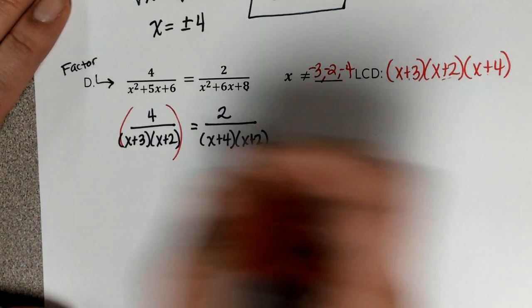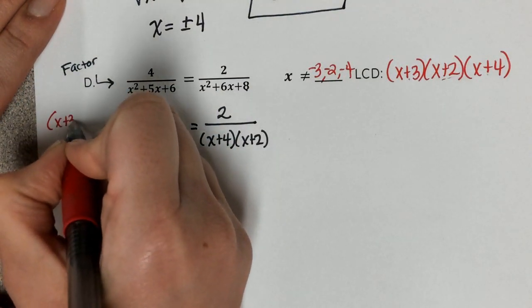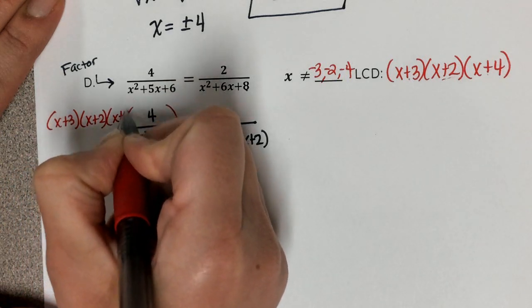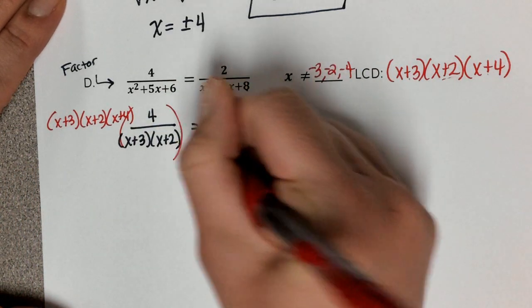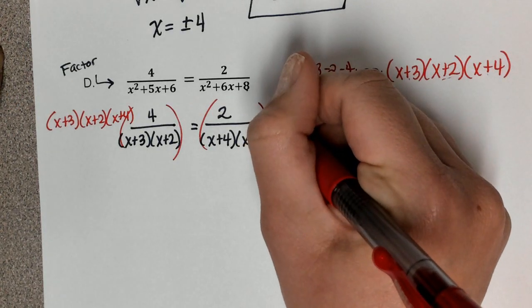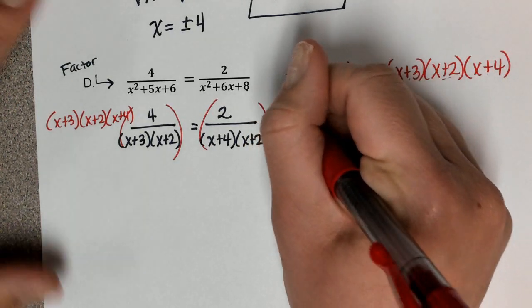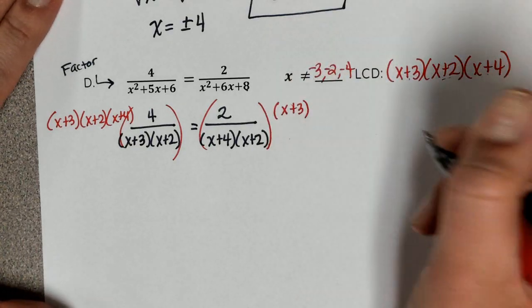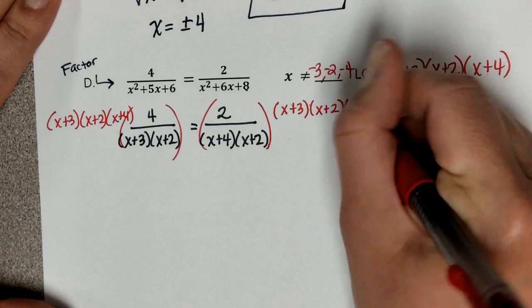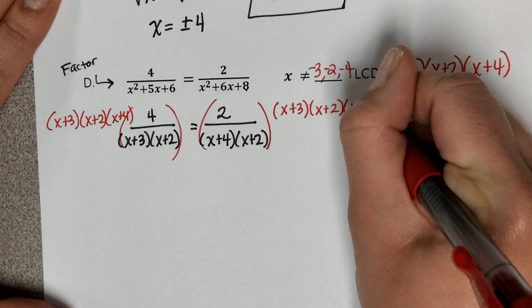All right, multiply the LCD. Oh, this one's a lot of writing. x plus 3 times x plus 2 times x plus 4.